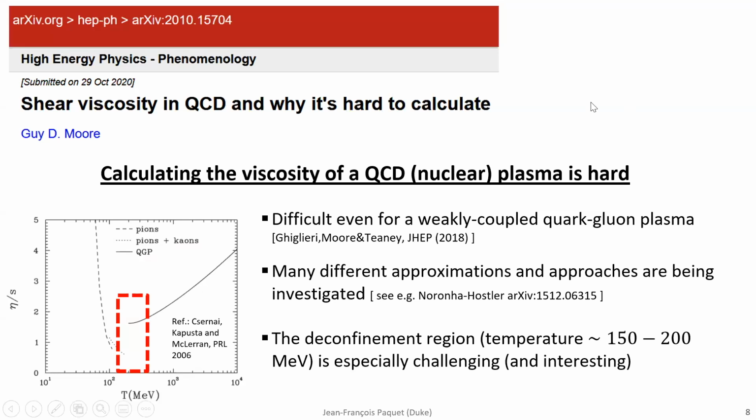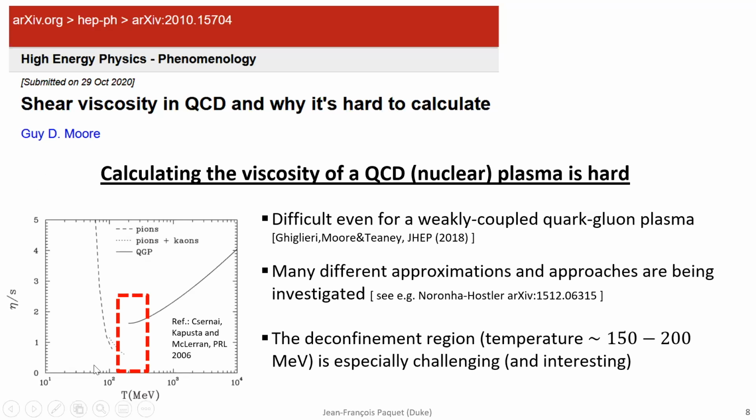I put here a recent paper that Guy Moore wrote that has, I think, a very clear title: Shear Viscosity in QCD and Why It's Hard to Calculate. And it's not that we don't know anything about the shear or bulk viscosity of QCD from first principles, but we know it in very specific regions of the phase diagram.